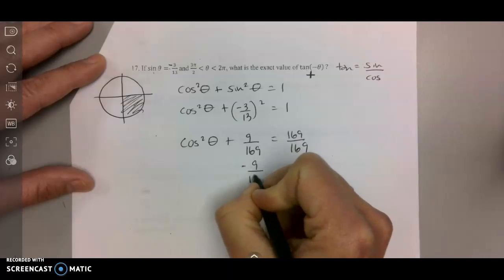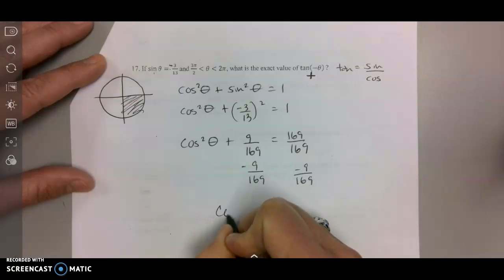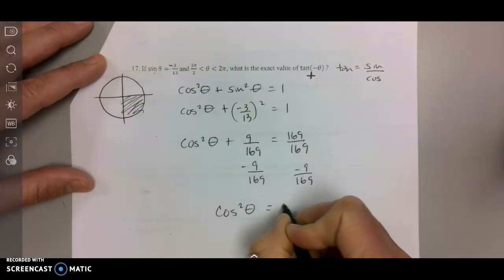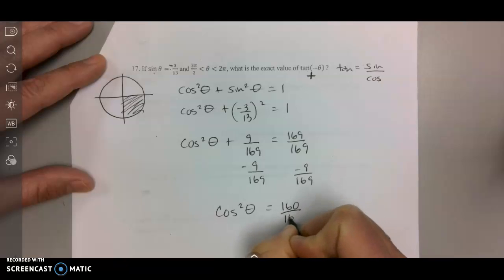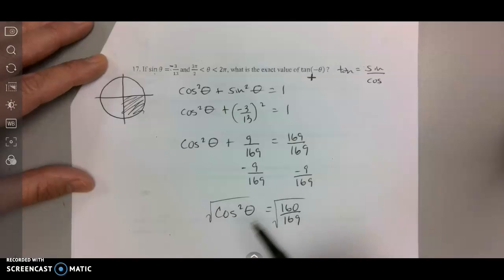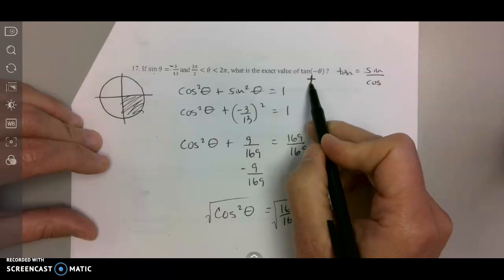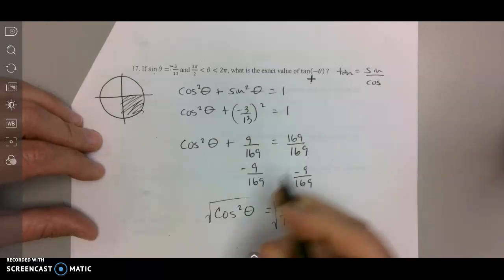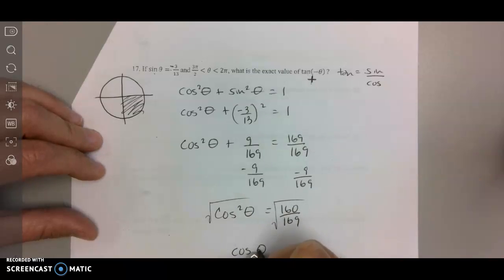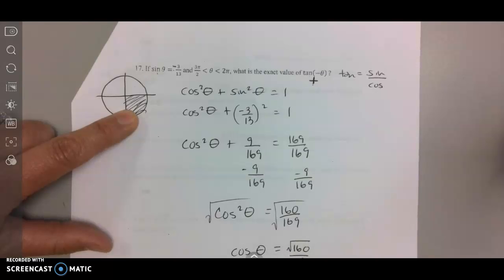Subtract 9 over 169 from both sides, and I get that cosine squared of theta equals 160 over 169. Take the square root. I don't need to worry about positives and negatives, because I already know that my final answer for tangent should be positive. So cosine of theta, but just so you know, it is in this quadrant, so cosine would be positive anyways. Square root of 160 over 13.